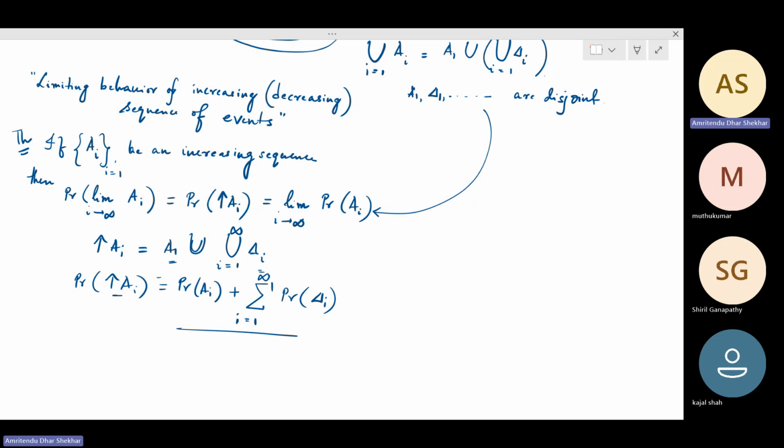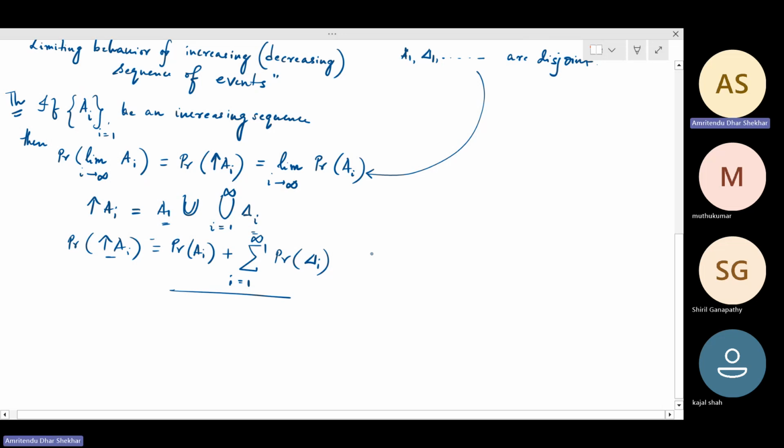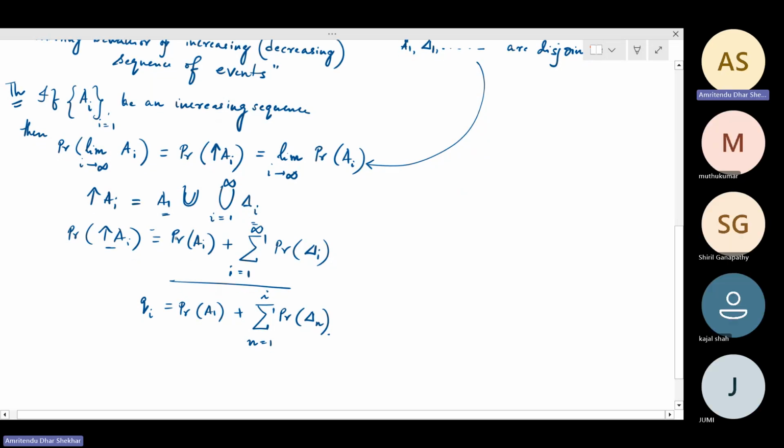We mean that the partial sums, in other words, if I define a term called q_i, and I write this q_i to be equal to the probability of A1 plus the sum over n equals 1 to i of the probability of delta_n, then what this essentially means is that these q_i actually converge to the probability of this union.